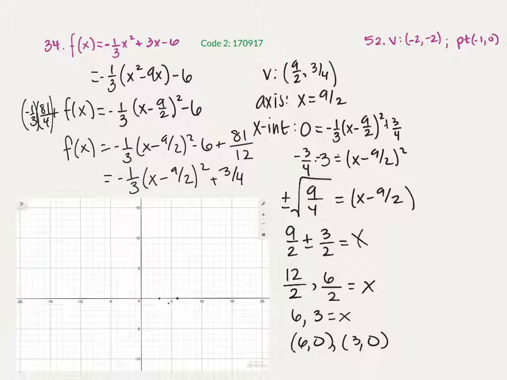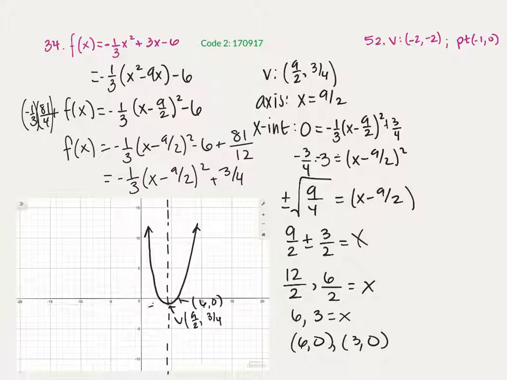And then my axis is that vertical line through my vertex, like so. So my vertex is 9/2, 3/4. My x-intercepts are 6, 0 and 3, 0, and my axis is x equals 9/2.